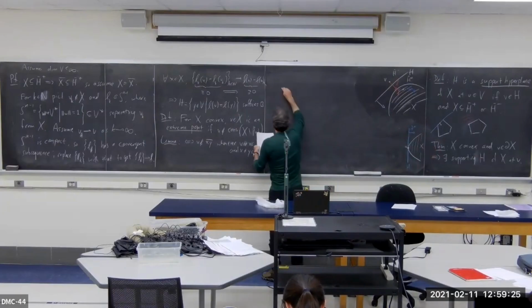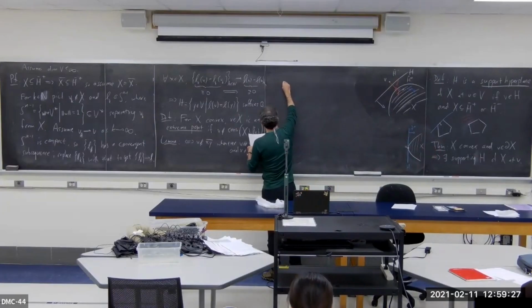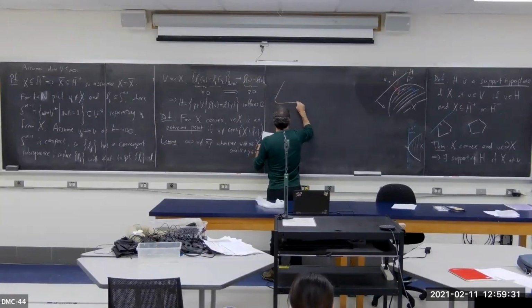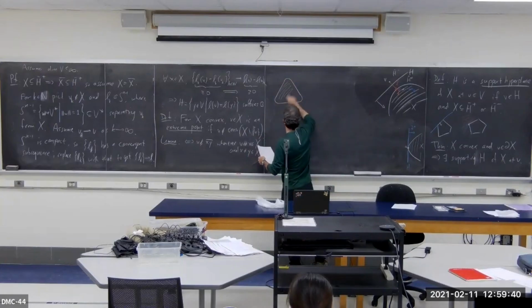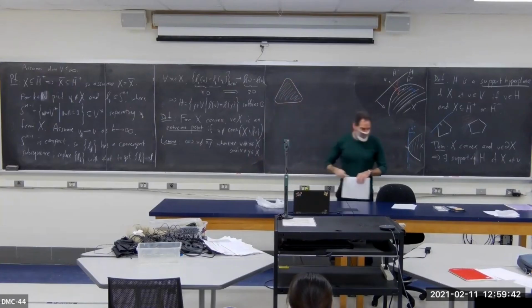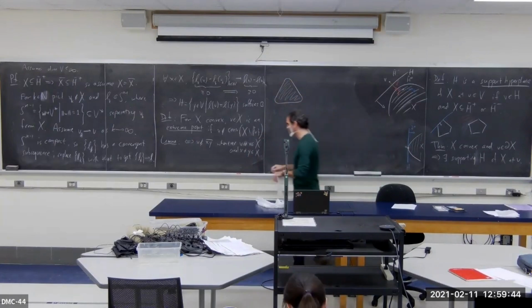Okay, so here's just some pictures. So if I have something like this, and something like that, and something like this, something like that. There we go. So where are the extreme points in this thing? I'm going to mark them in red.